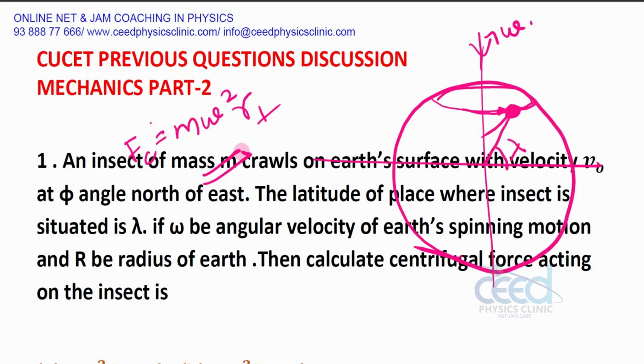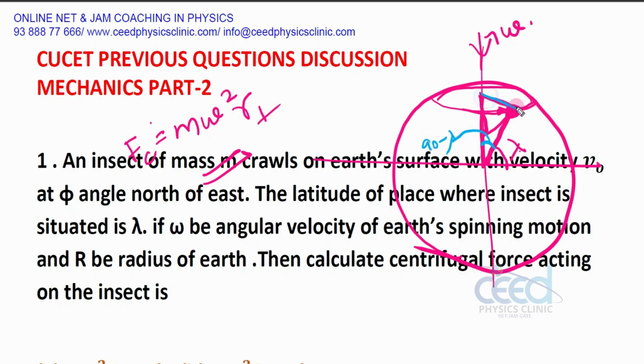Now m omega square r perpendicular, what is r perpendicular? This is the perpendicular distance from the axis. See this triangle, this is lambda. If this is lambda, then this angle is 90 minus lambda.